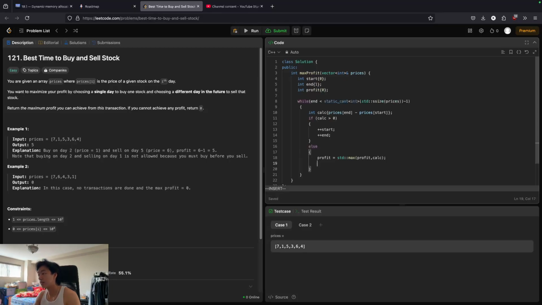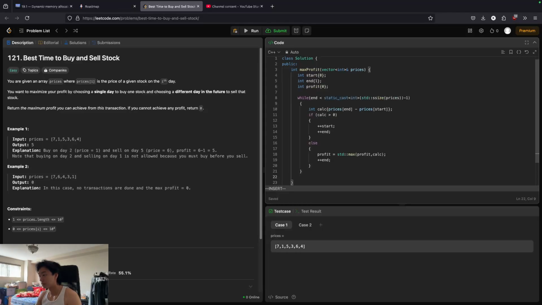And then we just need to move the end pointer 1. And we can return profit at that.